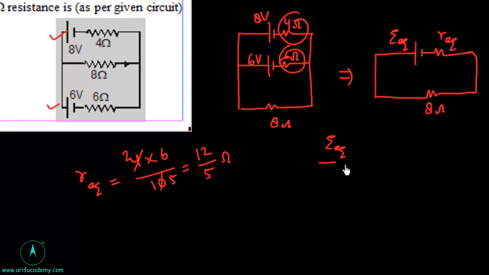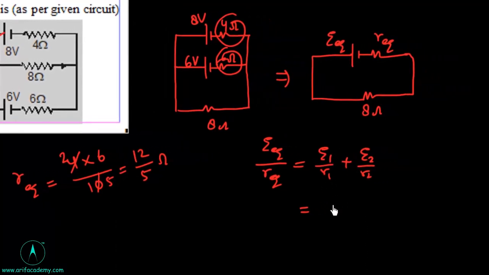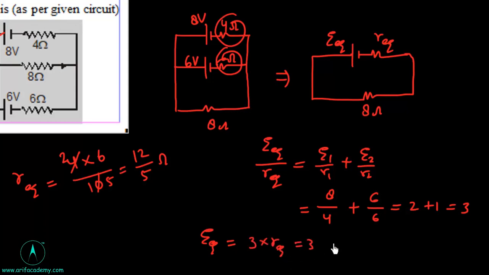and E equivalent upon R equivalent equal to E1 upon R1 plus E2 by R2. So E1 by R1 is 8 by 4 and 6 by 6, so this is 2 plus 1, meaning 3. So E equivalent equal to 3 into R equivalent, 3 into 12 by 5, 36 by 5 volt.